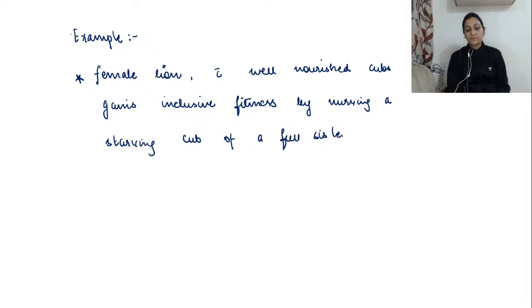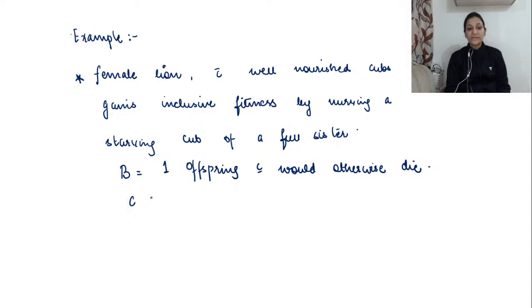In this case, she is giving the benefit to her sister. So B is one offspring that would otherwise die, more than compensating for the loss for herself.